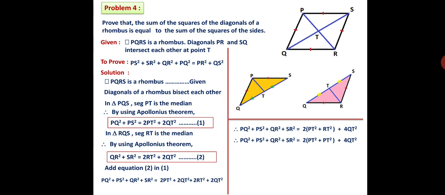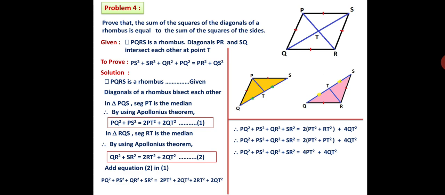As it is a rhombus, the diagonals bisect each other, that property we have been using here. Therefore you can write PQ square plus PS square plus QR square plus SR square is equal to 4 PT square plus 4 QT square.